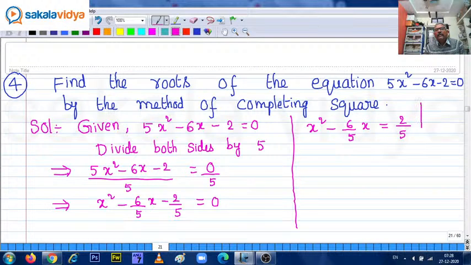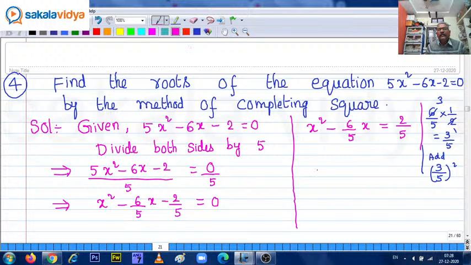So now here, what is the logic we need to follow? Take the coefficient of x, irrespective of sign: 6 upon 5 only. Multiply with half. So 2 ones are 2, 2 threes are 6. It becomes 3 by 5. So to make a perfect square, add (3 by 5) whole square to the left hand side. That becomes (a minus b) whole square.